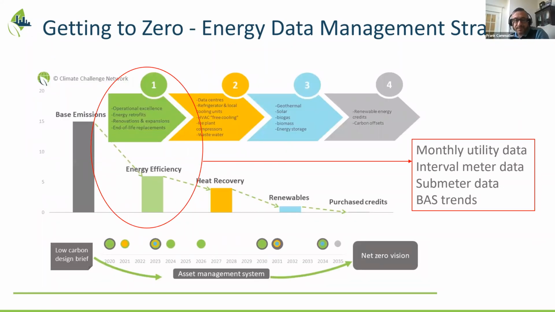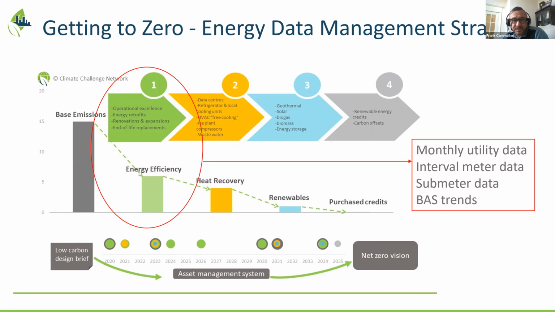So, a little bit of an overview, just to drive some purpose behind this and where energy data management fits. On many people's minds these days is getting to zero carbon, and energy data management is extremely critical in this four-phase process.